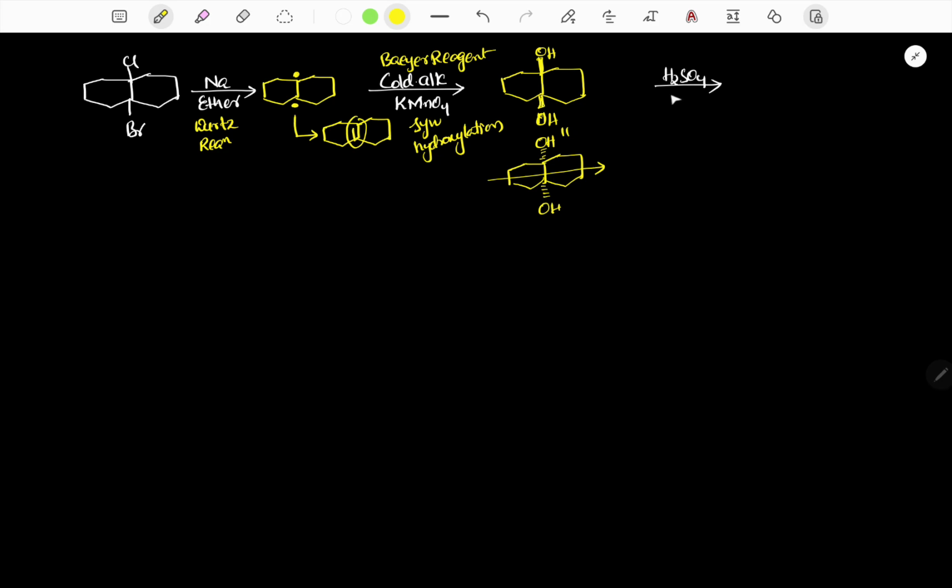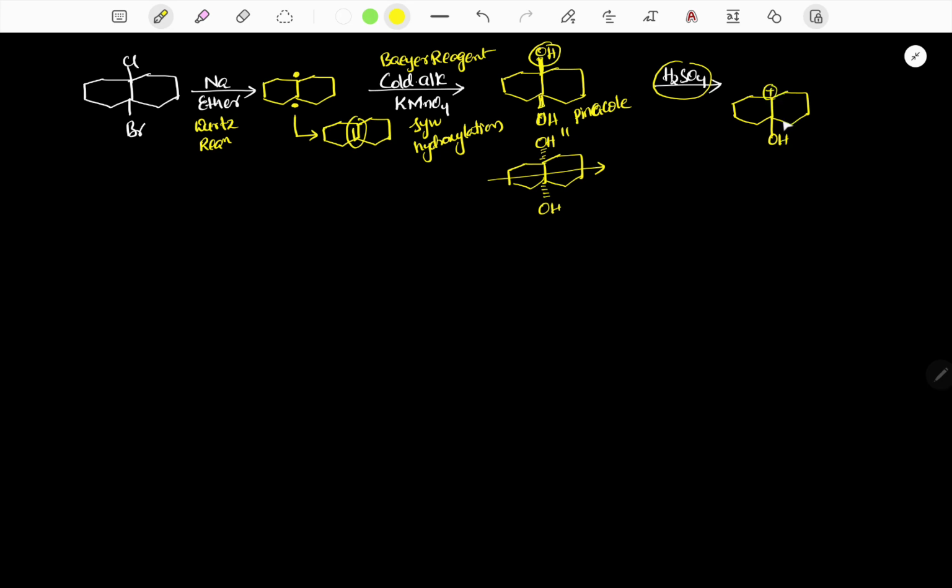Now, it is treated with H2SO4. So, this compound is pinacol type. Even if you are not recollecting the pinacol compound, no problem. Simply follow the mechanism. In the presence of H+, it loses H2O and forms a stable C+.